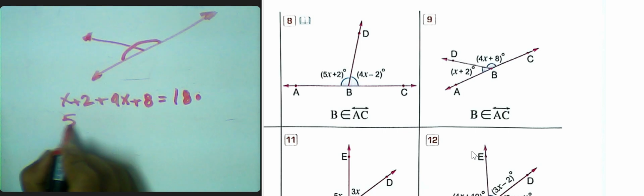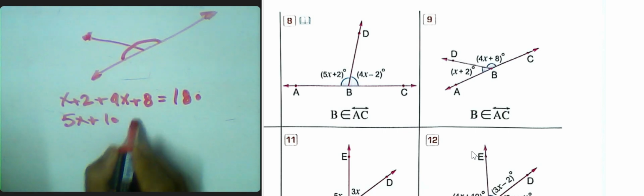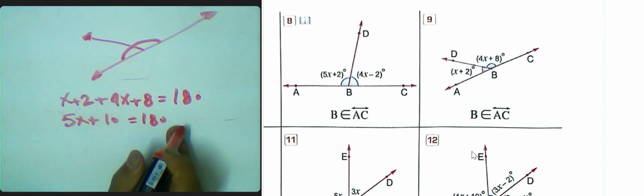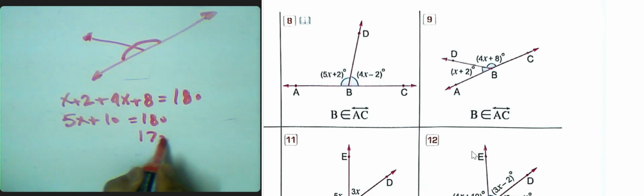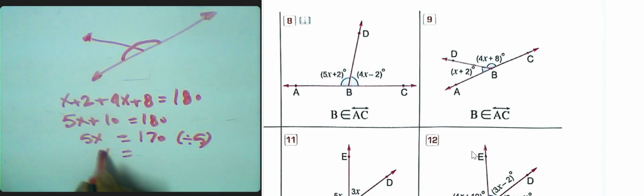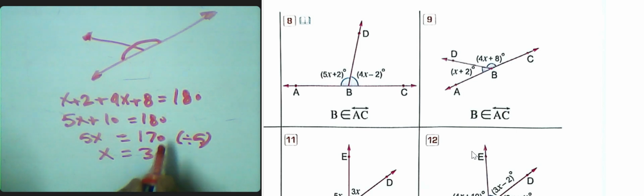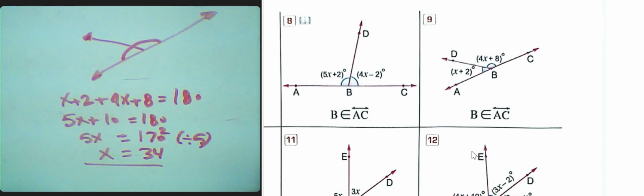X plus 4x will be 5x. 8 plus 2 equals 10. Move 10 to the right-hand side. 180 subtract 10, 170 equals 5x, and then divided by 5. 17 divided by 5 equals 3, and remember 20 divided by 5 equals 4. The result will be 34 degrees.